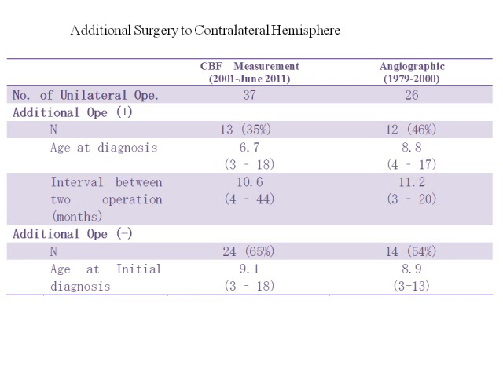The interval between two operations was around 10 or 11 months in both groups. But in this group, only one patient received the operation 44 months later, and the other 12 patients received the operation within 2 years. So most patients received additional operation to the contralateral side within 2 years.